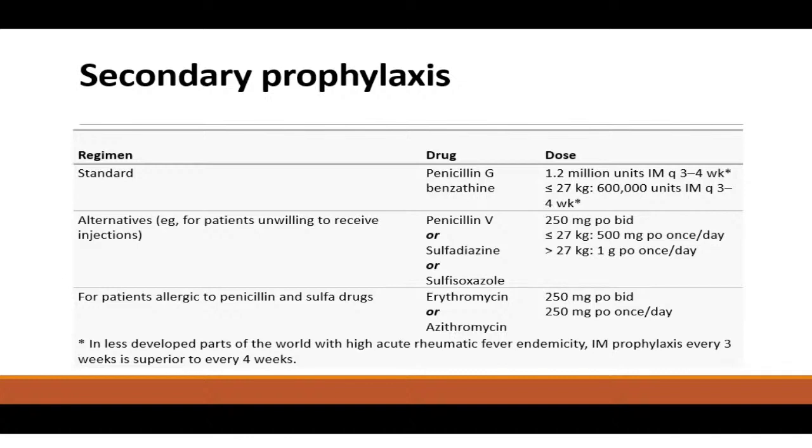For patients with allergy to penicillin and sulfanilamide, we may use erythromycin or azithromycin, but you should remember that the classic and the most effective is still the penicillin group. That's why only if a patient has allergy to this group, you must change it to erythromycin, for example, or azithromycin.